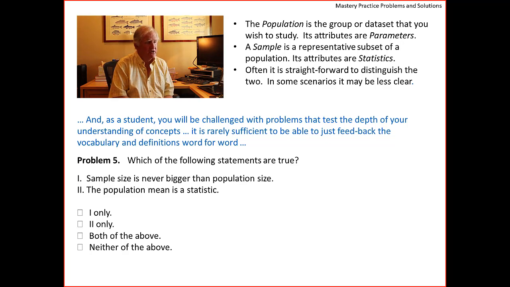And as I do, the measurement that I make, the number of red cards versus the number of black cards, will start to approach 50%. So the answer to this problem is that neither 1 nor 2 are true statements.